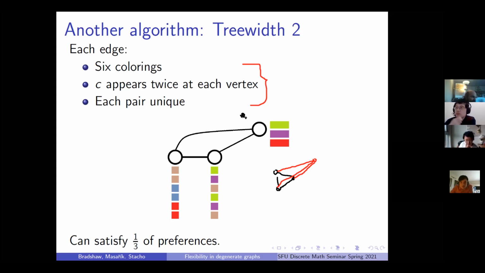What about 3D for that? I'm sorry? What about 3 dimensions? I guess here the way that I draw it doesn't matter. When I say every new triangle, I mean every 3-cycle that's added when I add this new vertex.